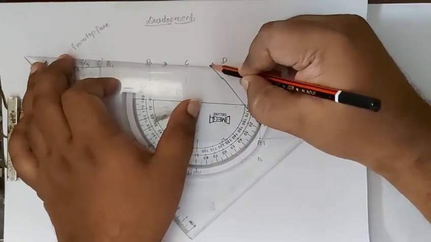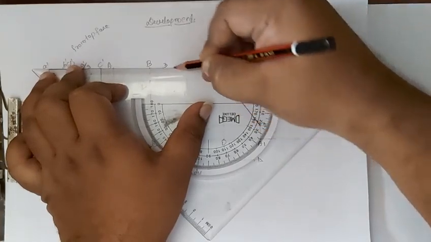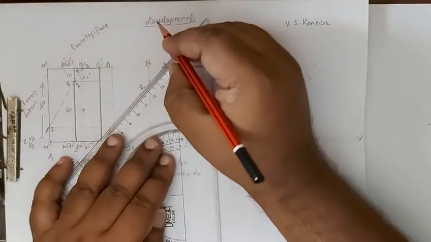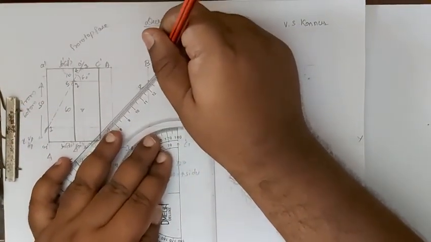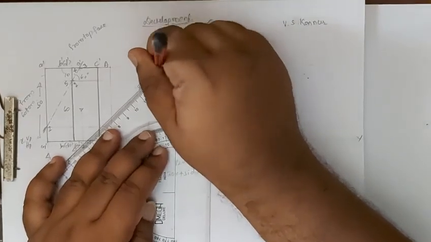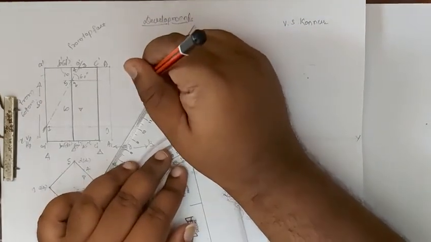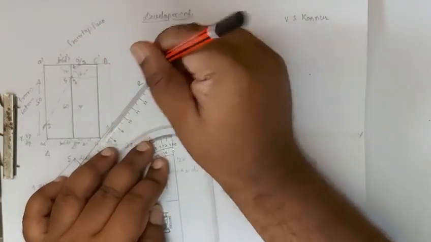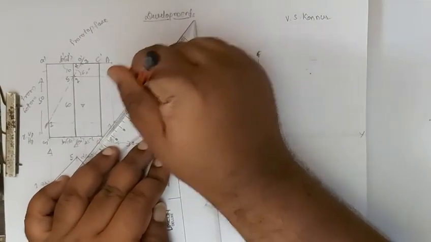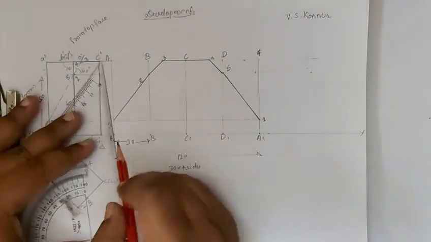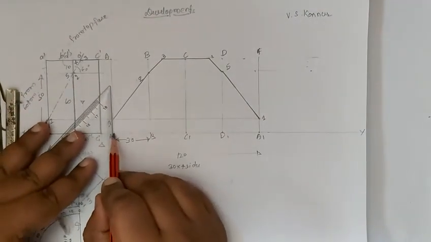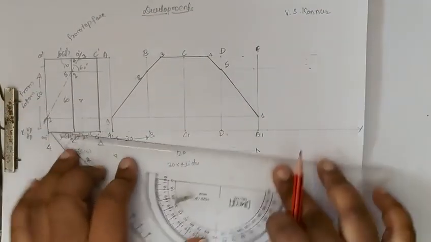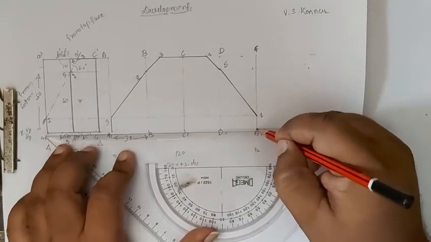Next 4 to 3. Next 3 to 2. Next 2 to 1. Next back 1 to A1.